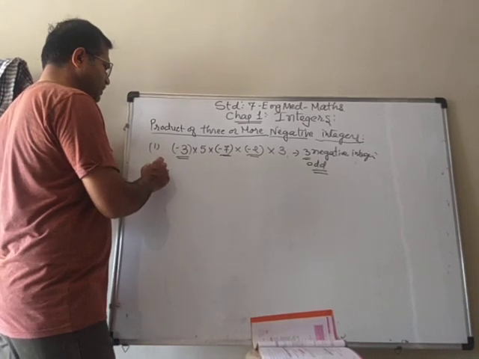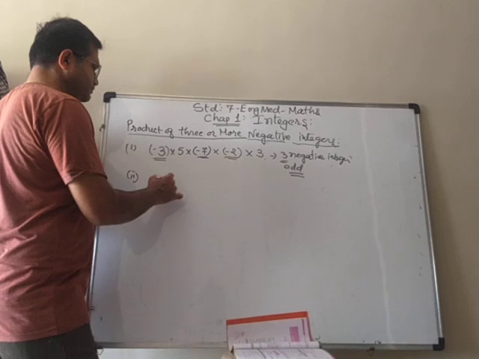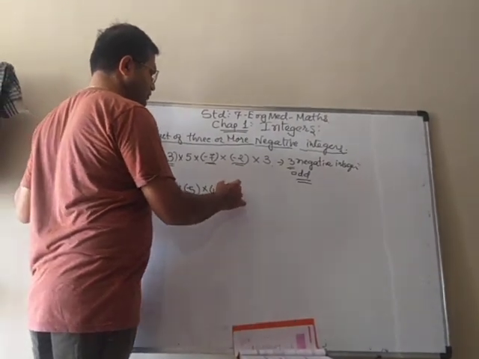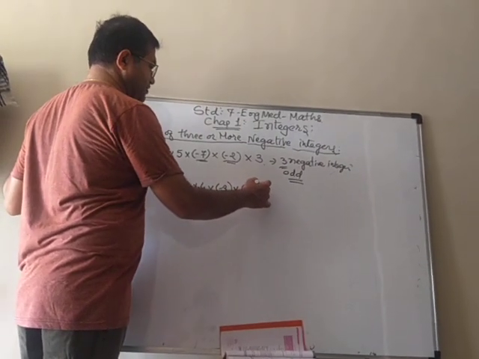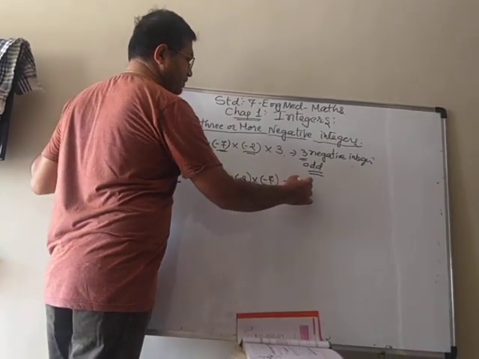We will take another example also. -2, -5, 4, -3, -7. Here there are 4 negative integers.